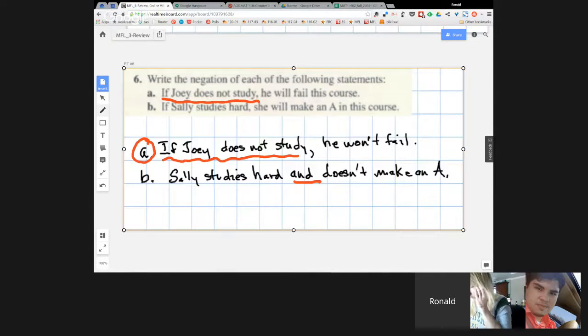Number 6 on the practice test. This is a challenging problem because you have to remember that the only time an if-then statement is false is when the first is true and the second is false. So if you want to negate an if-then, keep the first part the same and negate the second part. That'll be a negation.